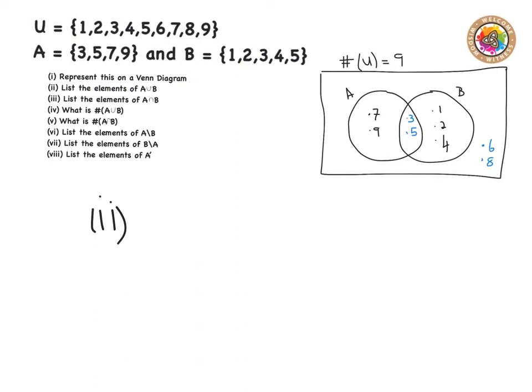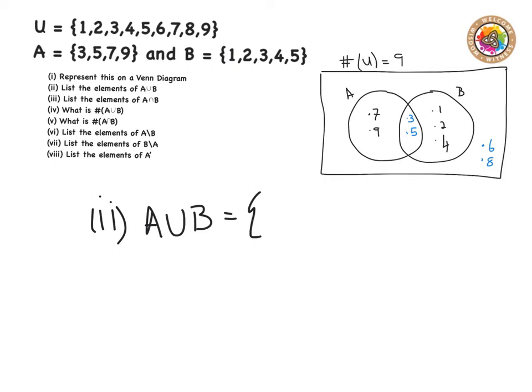Okay, and so now that we have our Venn diagram completed over here, our job now is just to answer the following questions. So the first part there, part 2, asks us what A union B is, to list the elements in A union B. So I write A union B, I draw my curly bracket, and then I know that A union B is any of this bit here in the middle, and this bit here in B only.